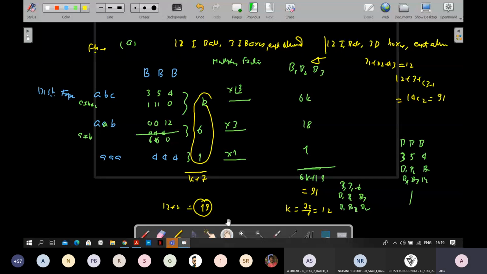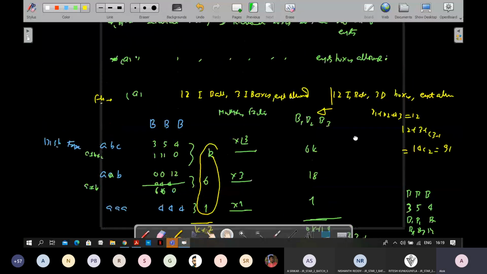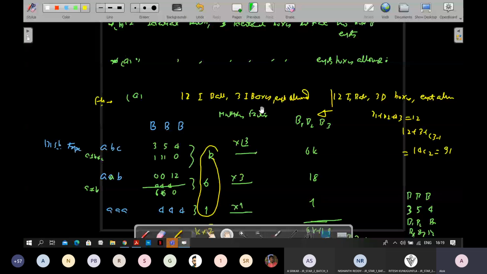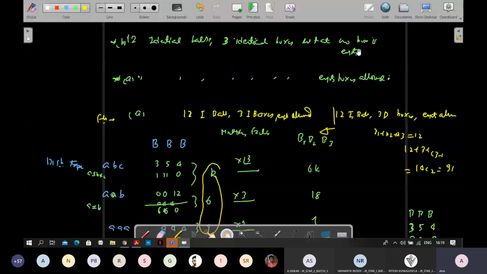Similarly, let me do the problem of, this is exactly the same. 12 identical balls, 3 identical boxes, no empty box allowed. So B problem will come from the corresponding problem of distinct boxes. So this I will write now. So next will be that if it is x1 plus x2 plus x3 equal to 12, and you want that an empty box is not allowed.